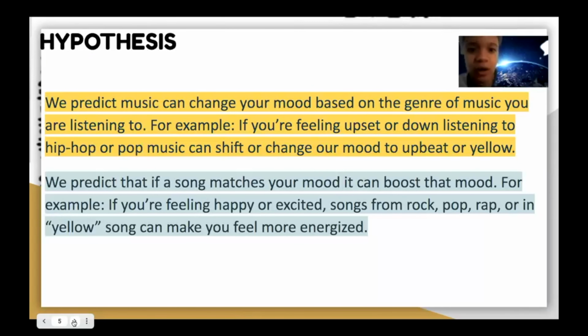For example, if you're feeling upset or down, listening to hip hop or pop music can shift or change our mood to upbeat or yellow. We predict that if a song matches your mood, it can boost that mood. For example, if you're feeling happy or excited, songs from rock, pop, rap, or in yellow song can make you feel more energized.